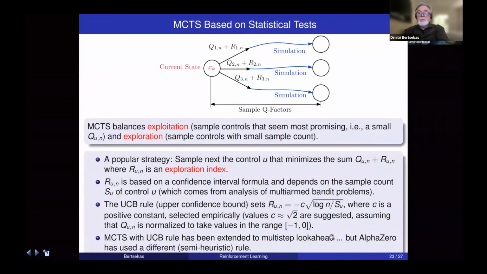But why they have picked this particular formula, which you can find in their paper, is not very clear, nor do they explain fully. Needless to say also that this UCB rule is based on multi-arm bandit problems, but it's applied to other problems that are not multi-arm bandit, that have different characteristics.